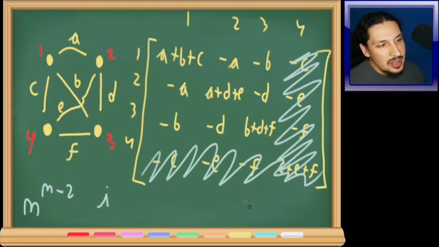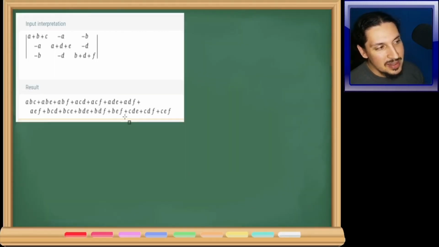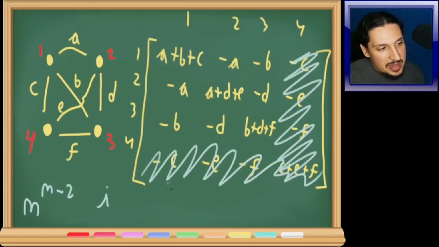Because if you put general variables, this is very ugly. But now that you know the shape that this determinant has, each term is a spanning tree. So if instead of putting variables, you put actual numbers, like 0 if the edge doesn't exist, and 1 if the edge does exist in your specific graph, then what will be the result?